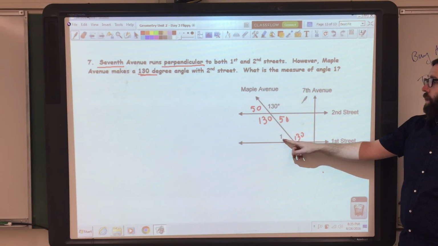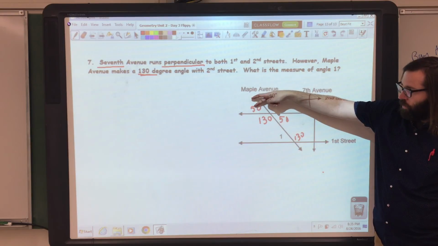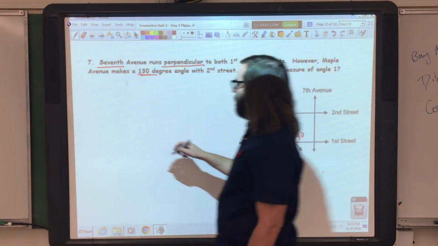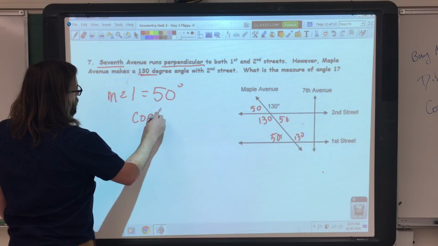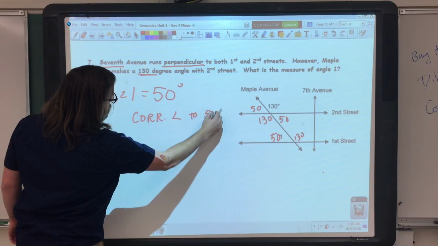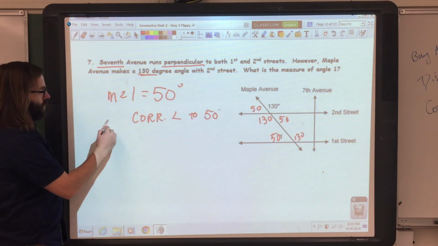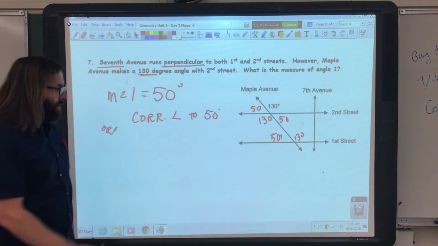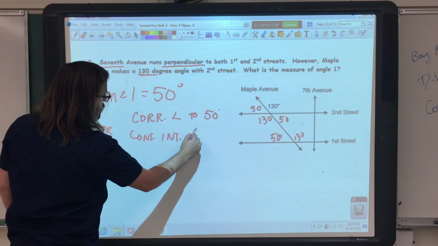So to find number 1, you can use the corresponding postulate. So 50 is corresponding to 1, so this should be 50. So the measure of angle 1 equals 50 degrees because they are corresponding angles to 50 degrees. Or you could say that it is consecutive interior to 130.